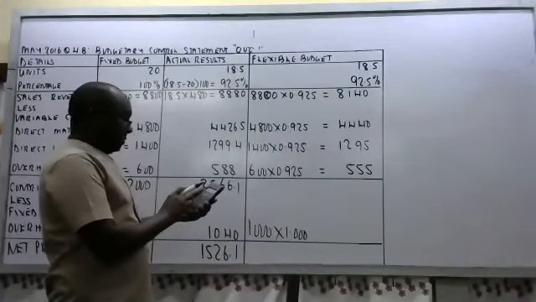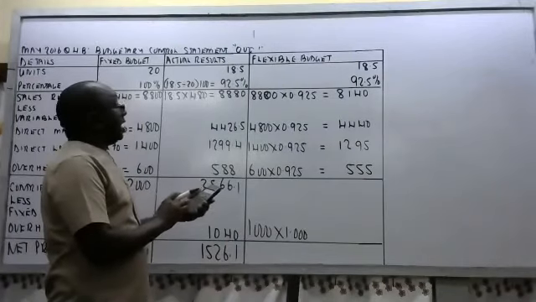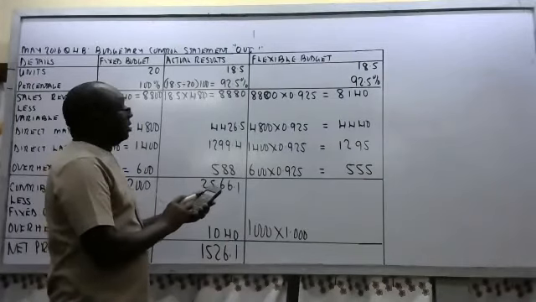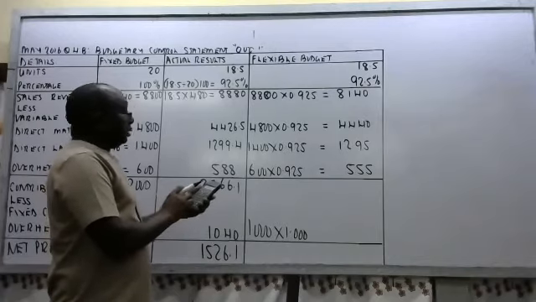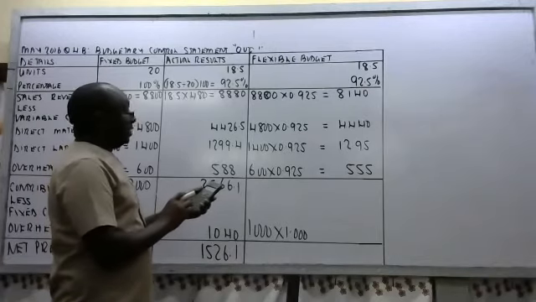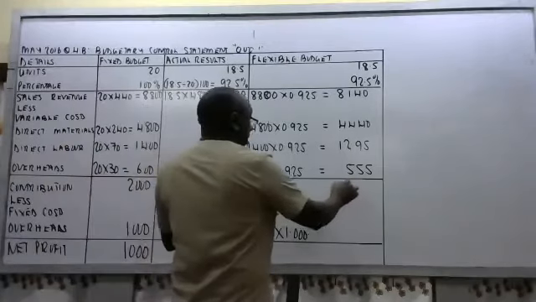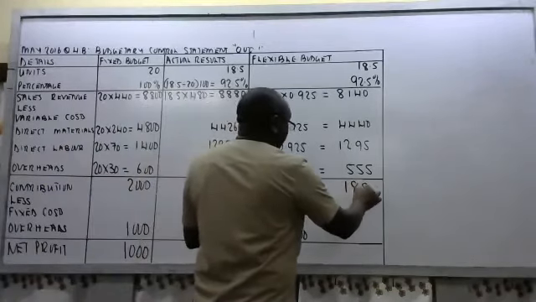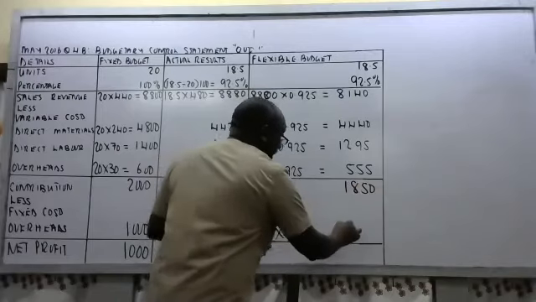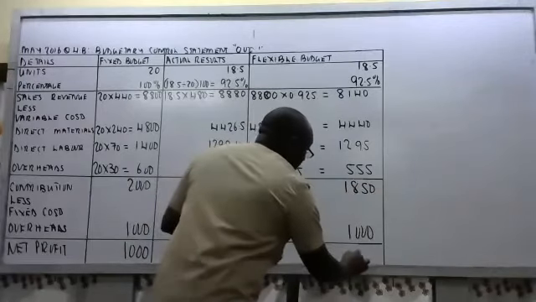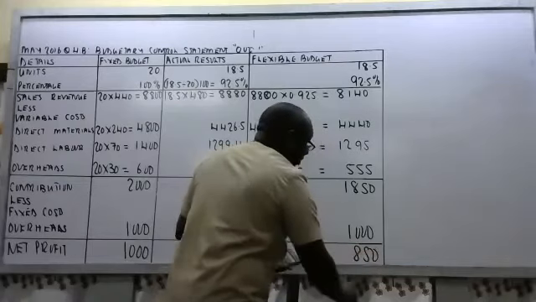So now you say 8140 minus 4440, 1295 minus 555, I'm getting 1850, and this one is 1,000, so this is 850.